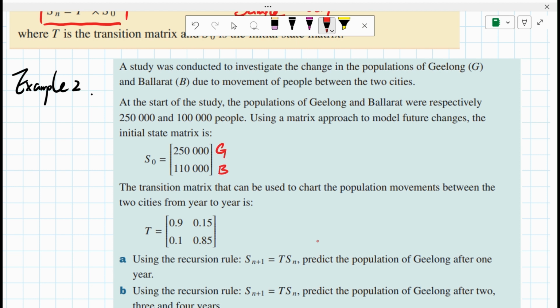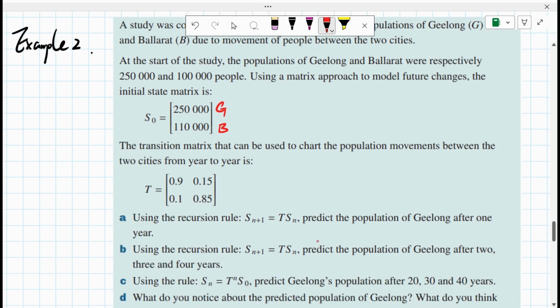That's your initial state. Sometimes they don't give you the matrix, so please write it yourself if you can't find it. The transition matrix can be used to chart the population movements between the two cities. So that's your transition matrix. Perfect.